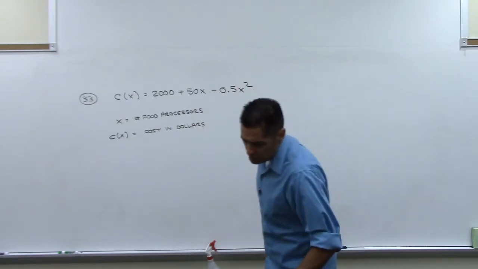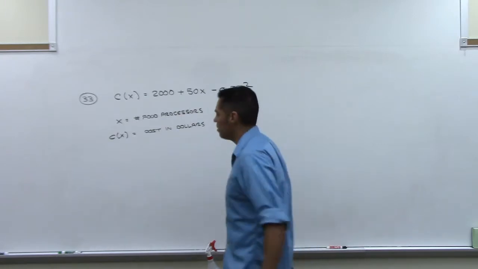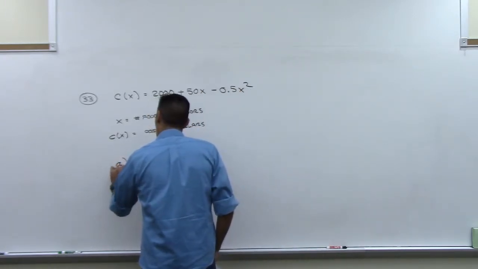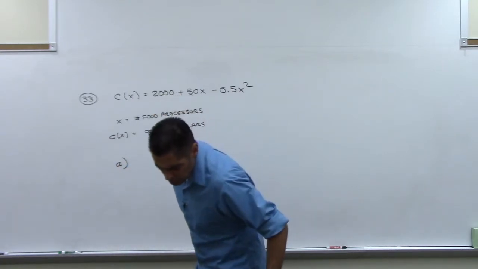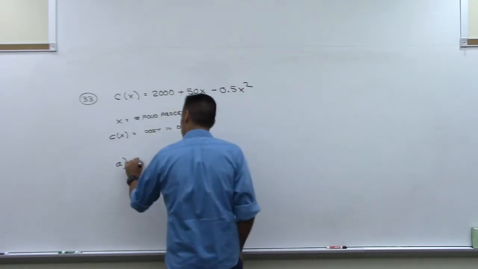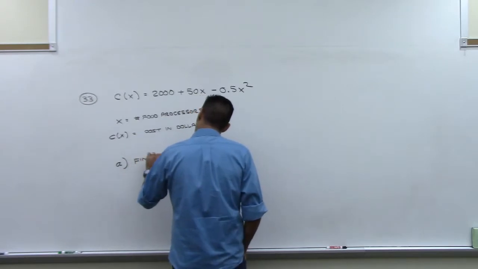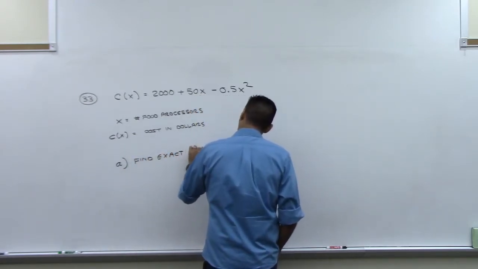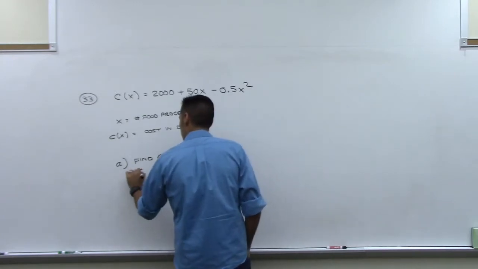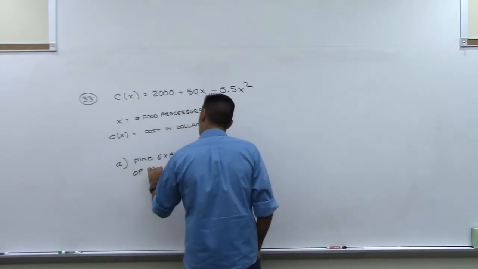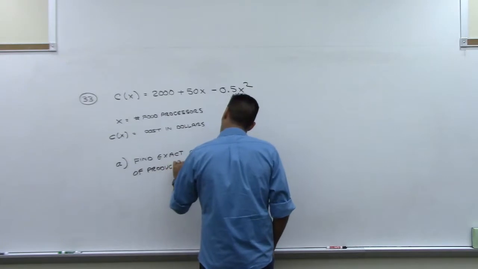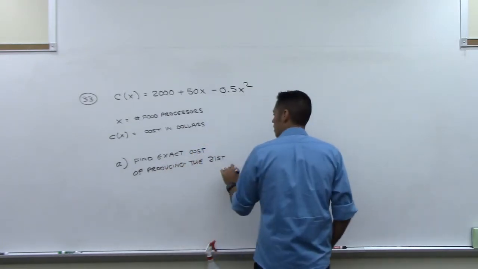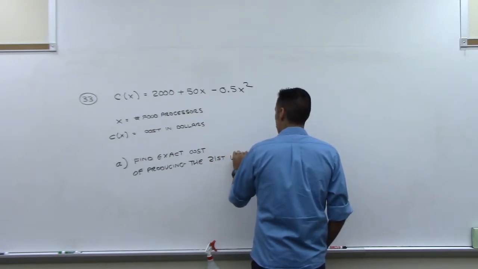The first question here is find the exact cost of producing the 21st unit, I'll just say unit, food processor, okay?